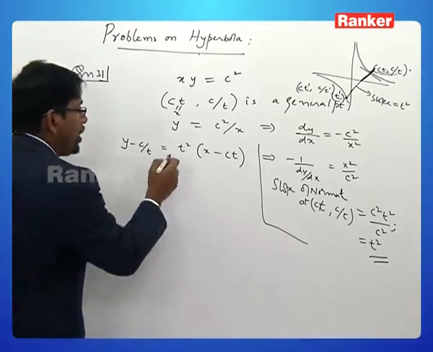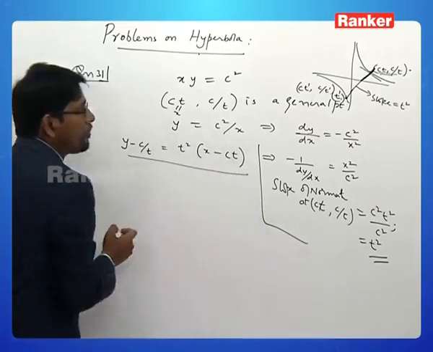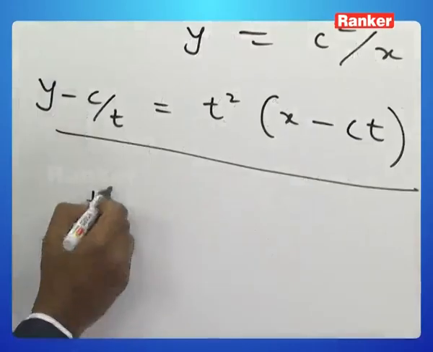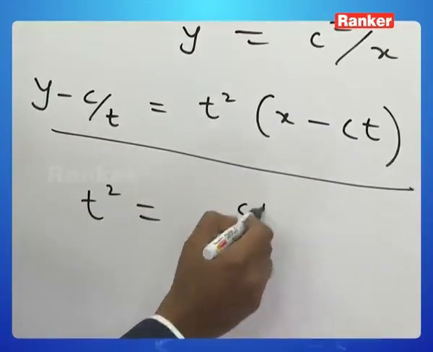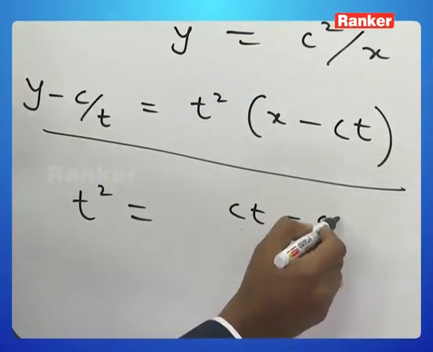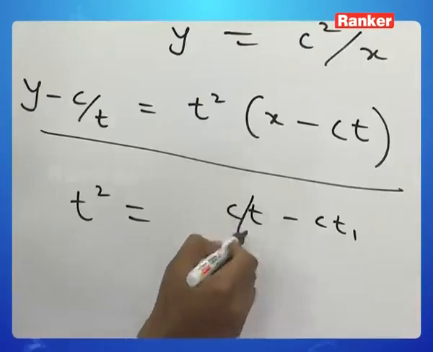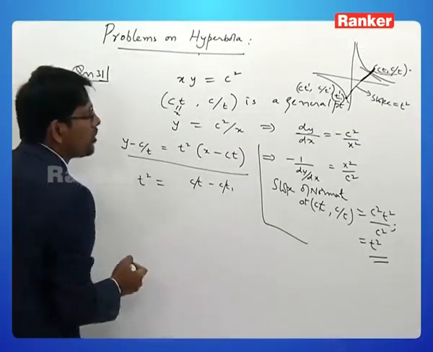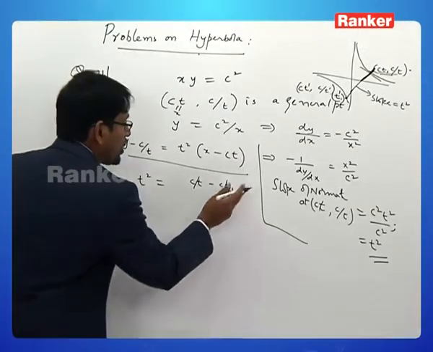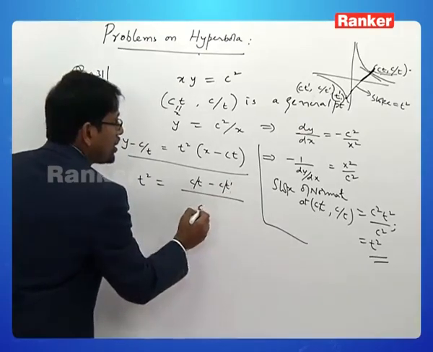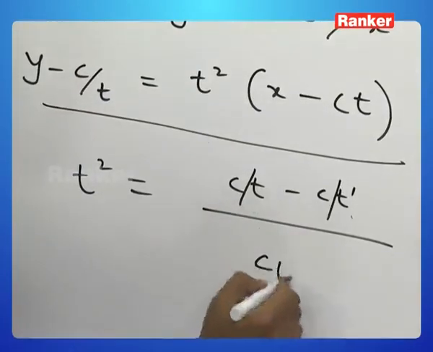So t square is equal to c by t minus c by t dash, that is y2 minus y1, by ct minus ct dash.